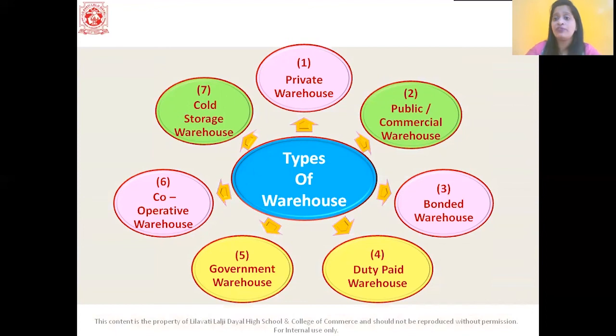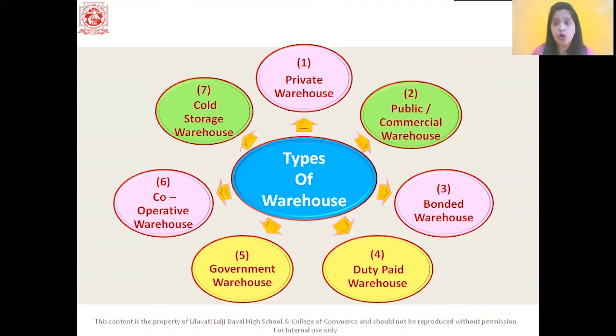These are owned and operated by big private manufacturers to fulfill their own storage needs. Second one, you can say public or commercial warehouse. It is a specialized business established to provide storage facility to the general public for a charge.